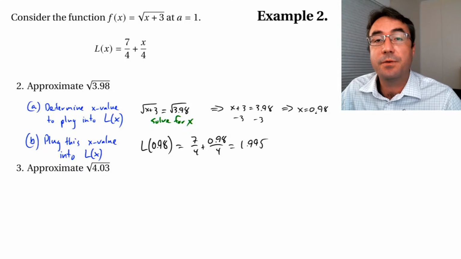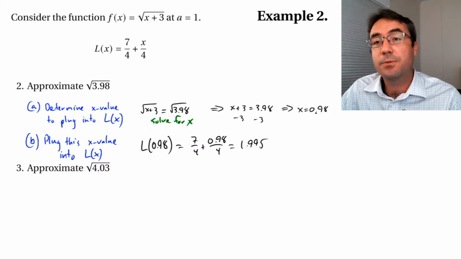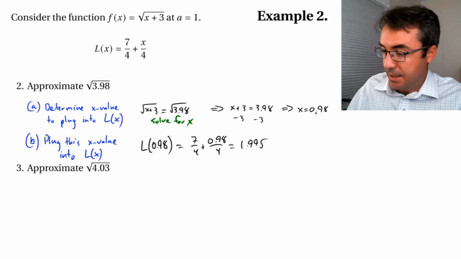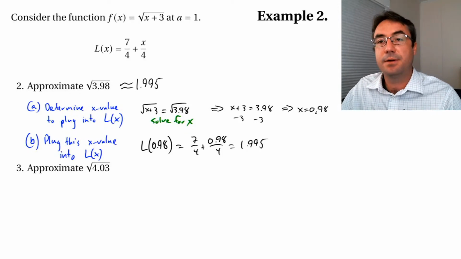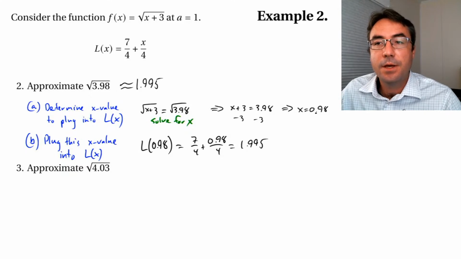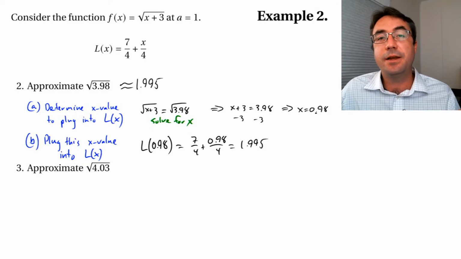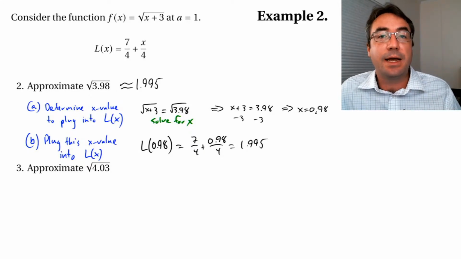So the exact value of our linearization is 1.995. What our linear approximation tells us is that the square root of 3.98 is approximately equal to the value of our linearization at that x value, so it's approximately 1.995. So this idea of linearizations allows us to approximate more complicated functions with just the simple equation of a line.